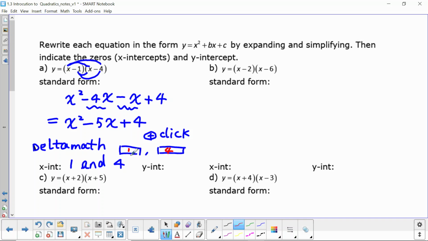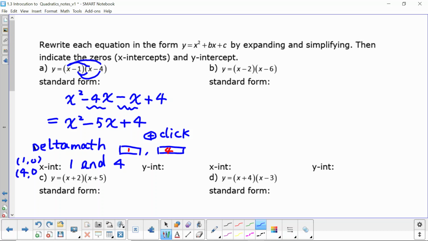This is not for 1 point, this is for 2 zeros. So it represents 1, 0 and 4, 0. So it represents 2 zeros.